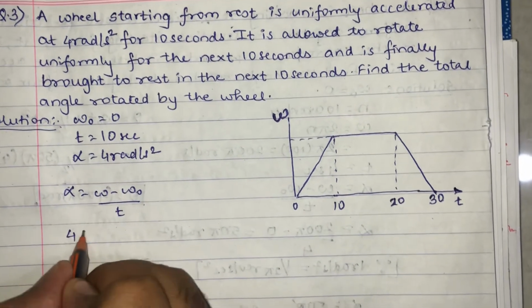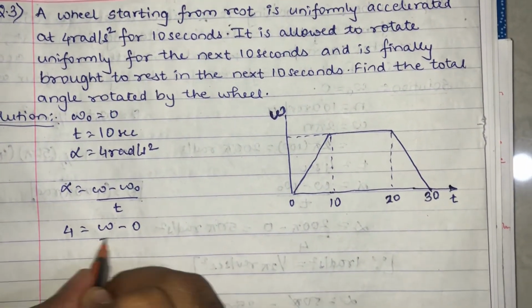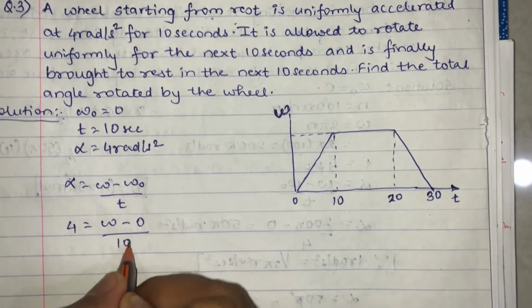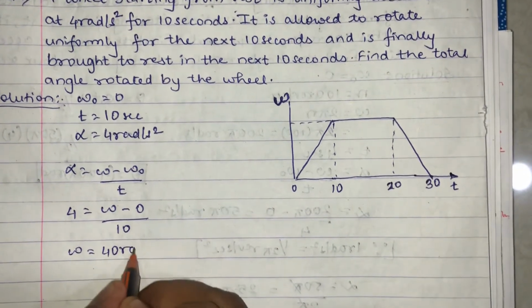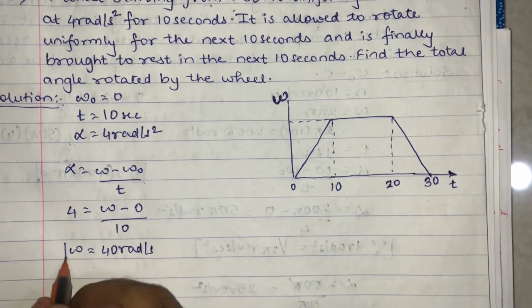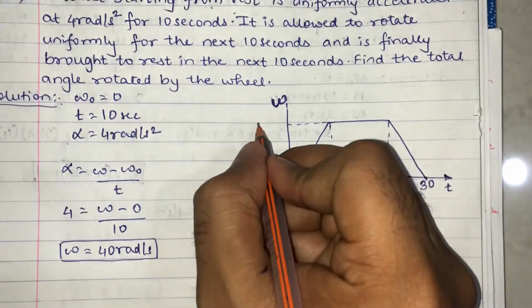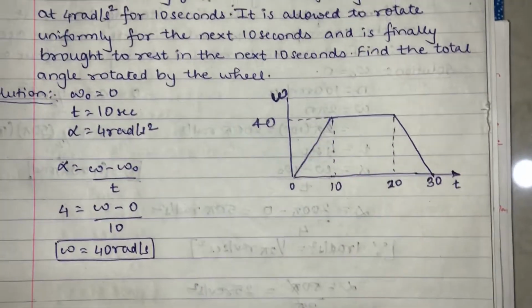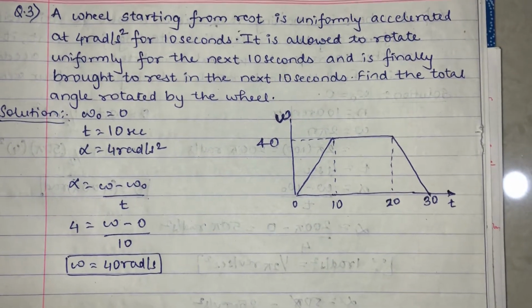Alpha you already know as 4, omega you don't know, omega naught is 0, t is 10, which gives omega equal to 40 radian per second, and this value will come here. I hope you understood this.